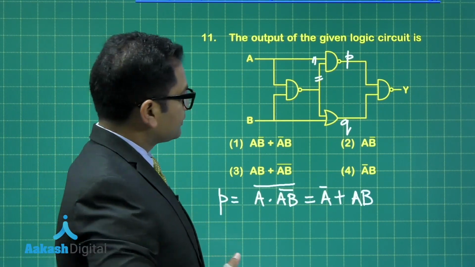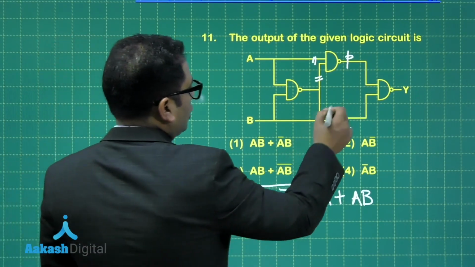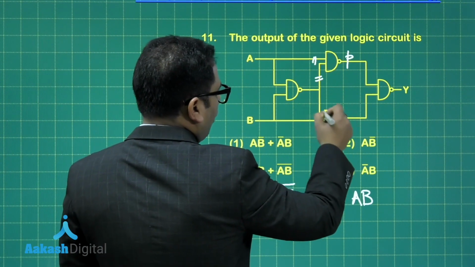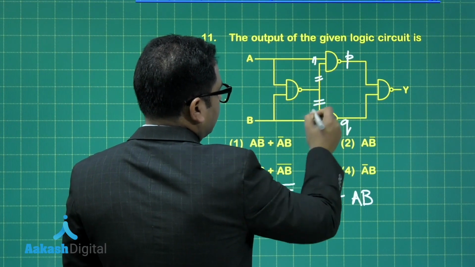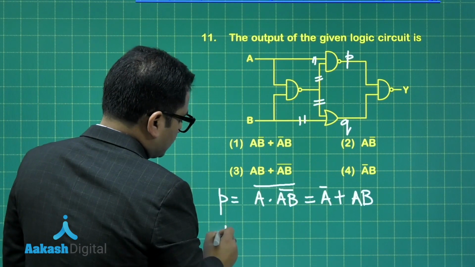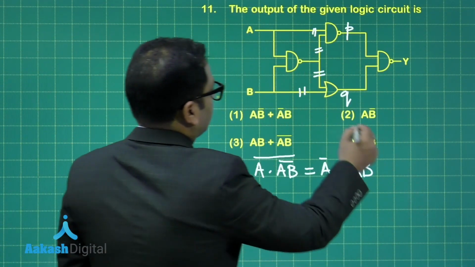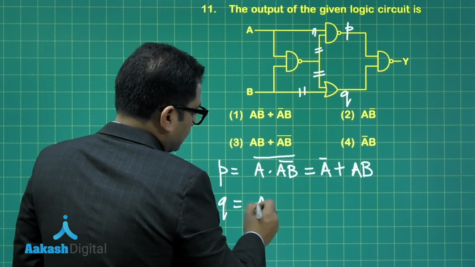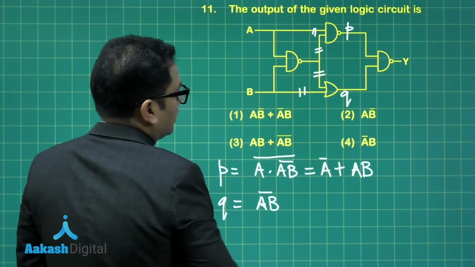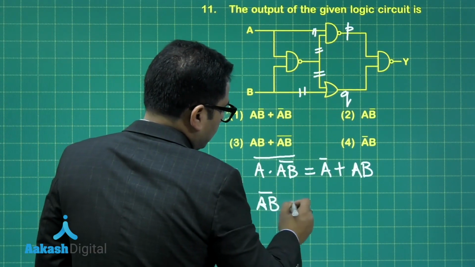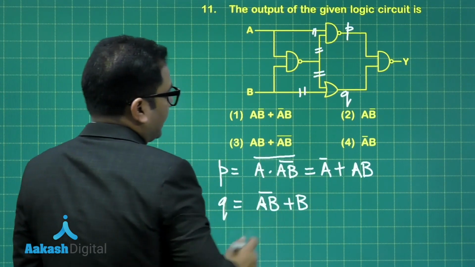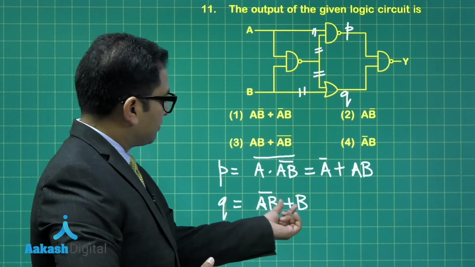What is Q? Q has the OR output of this and this. So the expression of Q comes something like this. One input is AB bar and the other input is B, and that has been ORed, so that's plus here.